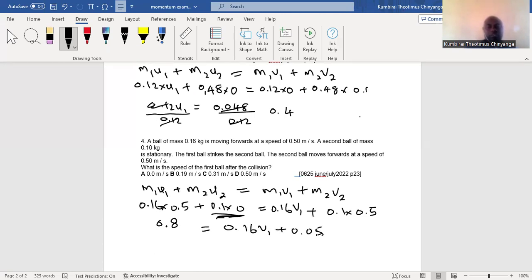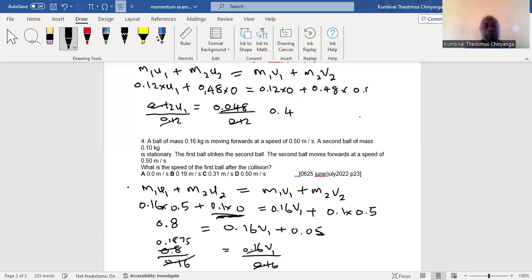And solving this requires quite some competence in algebraic equations. It requires good competence in algebraic equations. And this gives us 0.1875.